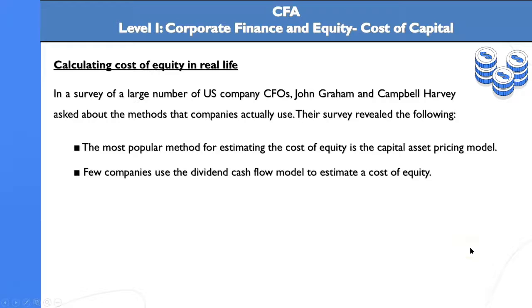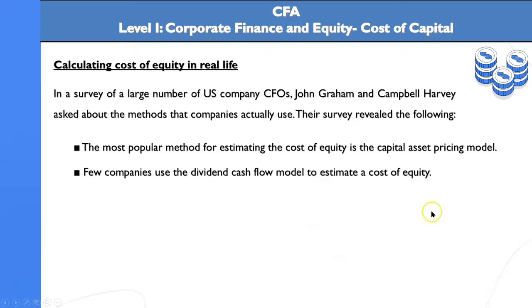Some companies use the dividend cash flow model. If you remember the golden rule, I forgot to bring it here. It is cash divided by the required rate of return. Always the value is cash divided by the cost of equity. Now the dividend cash flow model is the dividend divided by the required rate of return.